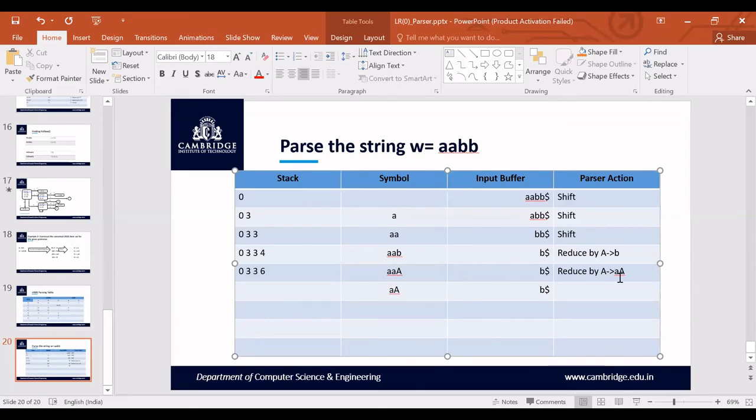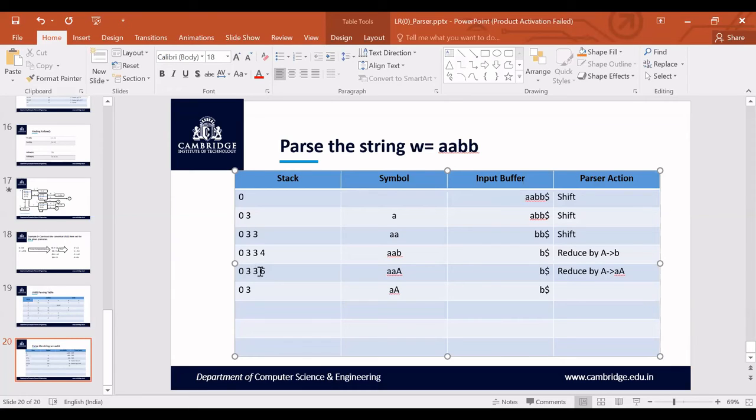If you check the production rule, you will come to know we have reduced 2 symbols, replacing them with a single symbol. So 2 states are popped out of the stack, that is, 6 and 3.